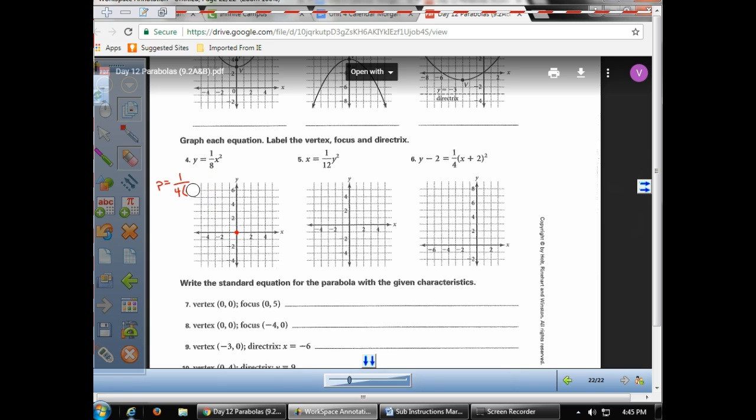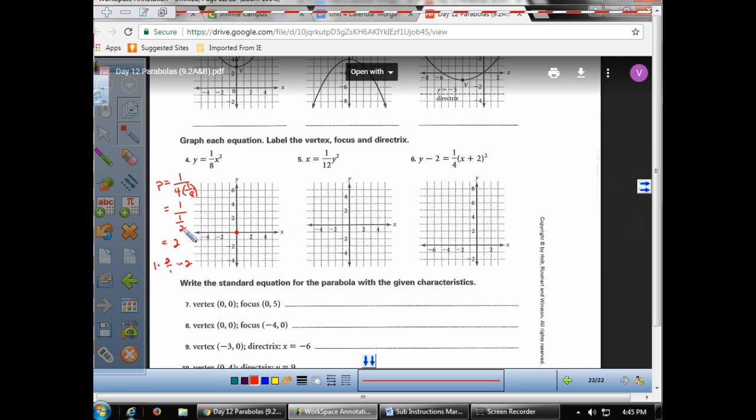So it's going to be 1 over 4 times 1/8, because I multiply 4 times 1/8. So it's going to be 4/8 or 1/2. Now the way this simplifies down is that P is actually going to be 2, because it's going to be 1 times the reciprocal. So there's where I get the 2.